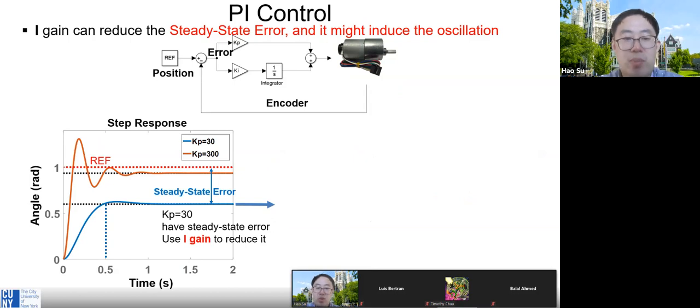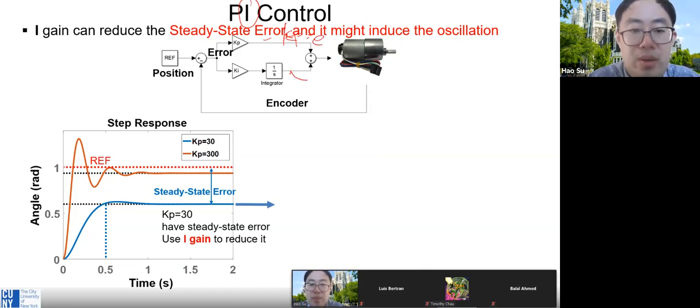So one solution to make this better is we add the I term, the integral term. The output here is KP multiplied by E. So what about this one? What's the output from this pin?